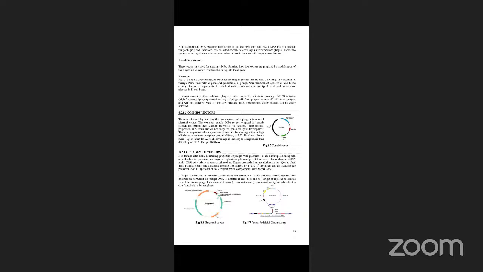The vector used here is lambda gt10, and it allows the screening of recombinant phages. Once it enters the E. coli, it has to form plaques. A plaque is like a colony after the phage leaves the bacteria.